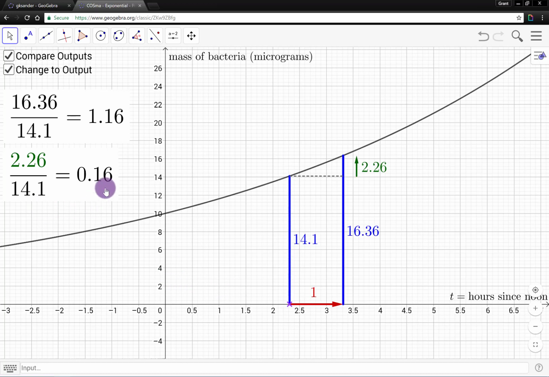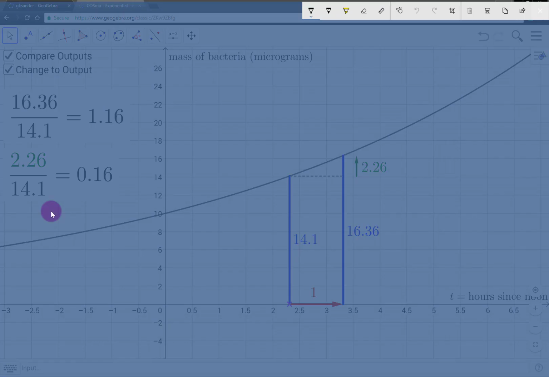This measurement of 0.16 tells us the size of the change in mass to the initial mass. So if we think of this in terms of percentages, we can say that the change in mass is 16% of the initial mass over any 1 hour interval. And therefore, we would say that we have a 1 hour percent change of 16%. And again, let's write that out.